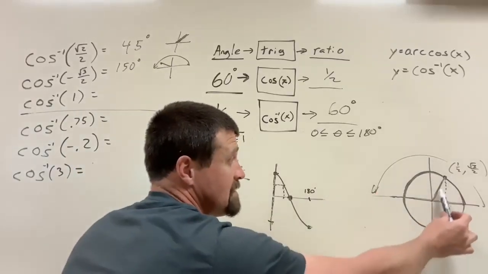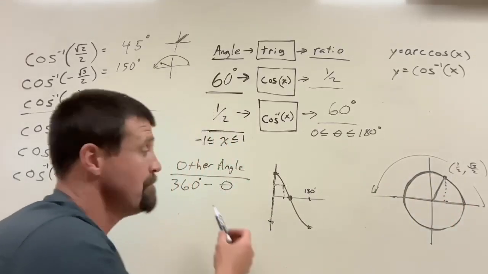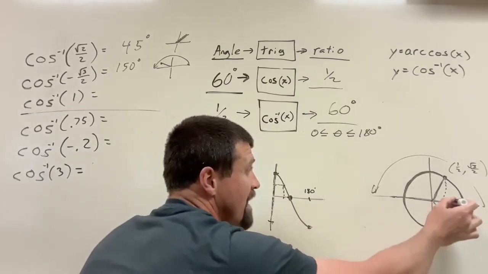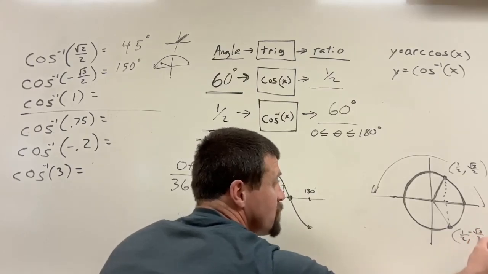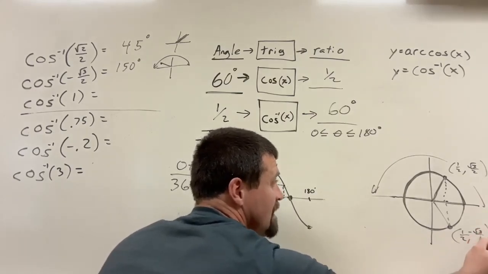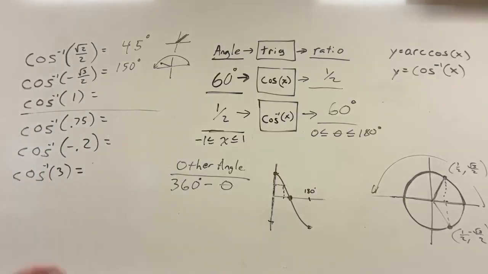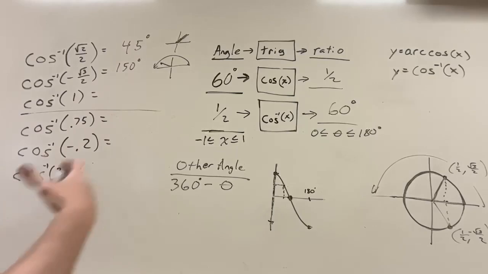So like right here, when we were dealing with 60 degrees, 360 minus 60 would give me 300, which is the other angle that has the same cosine of a half. So for either one of these, if you wanted the other angle for some application, you would have to take 360 minus the angle that it gives us.